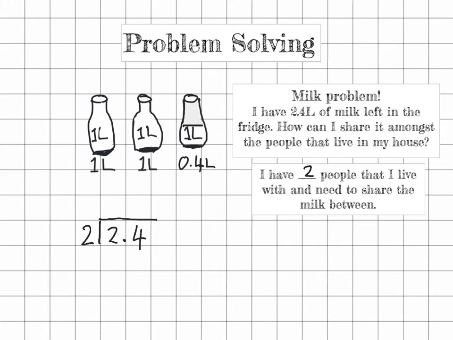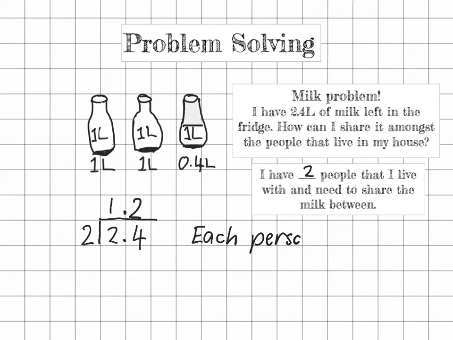So if I've got 2 divided by 2 is 1. Put that decimal straight in line. And 4 divided by 2 is 2. So now I'm writing my sentence to show that I understand the problem.